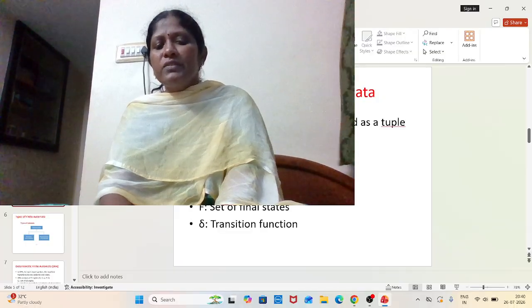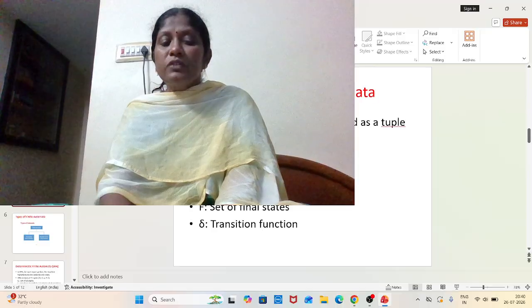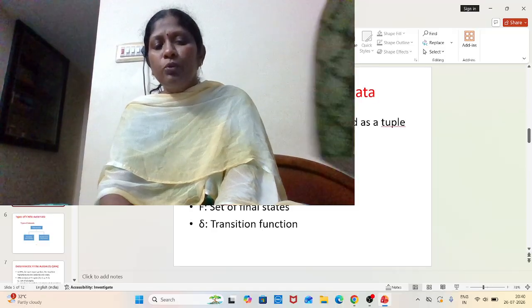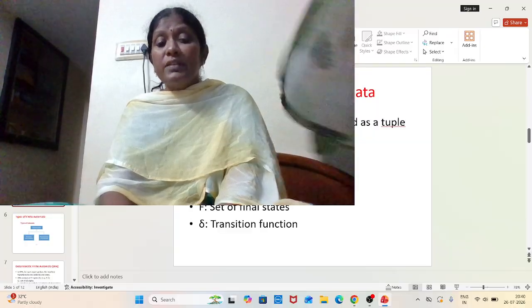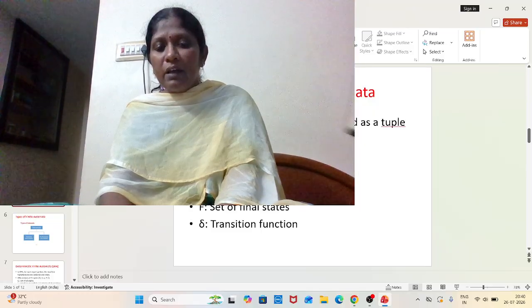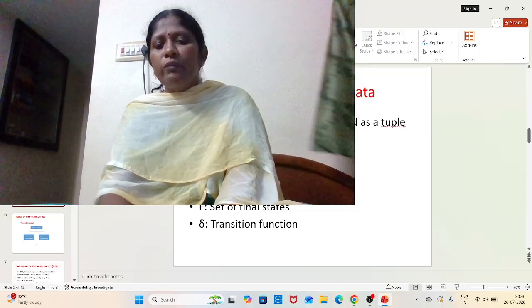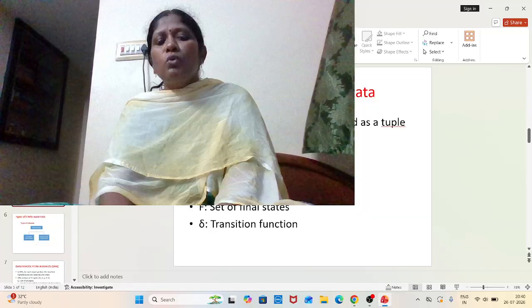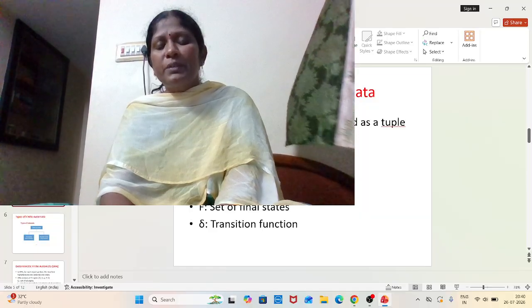δ represents the transition function. Here, δ takes 2 parameters as input and produces 1 parameter as output. So the transition function is δ: Q × Σ → Q. Here Q represents the current state, and Σ represents inputs.